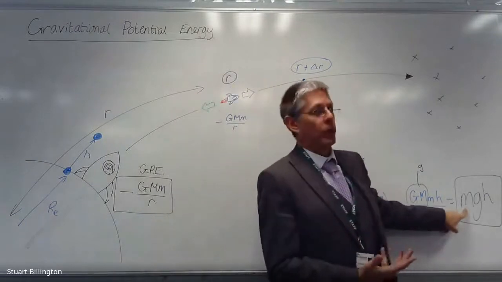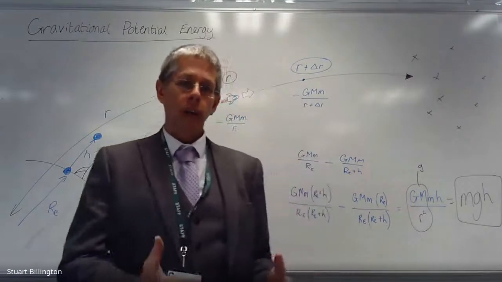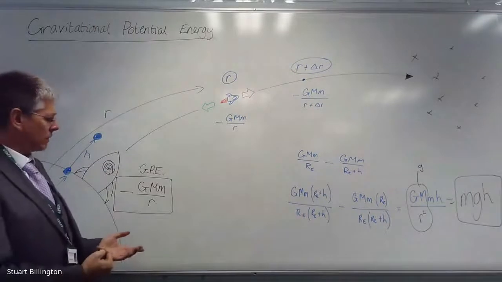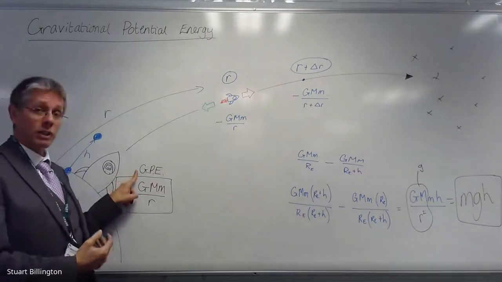And finally, we arrive at the value of mgh that you got when you were in year 9, 4.5 years ago now. So this is the true expression for the gravitational potential energy.